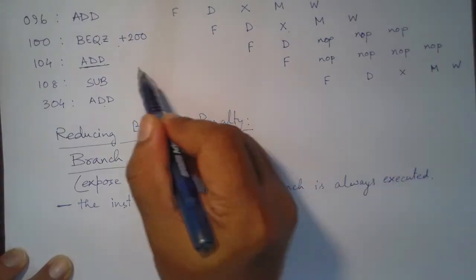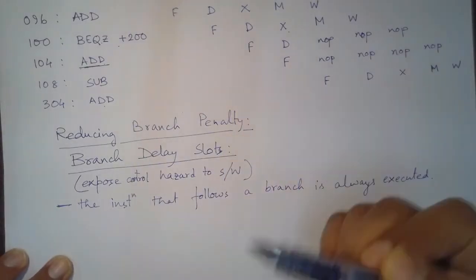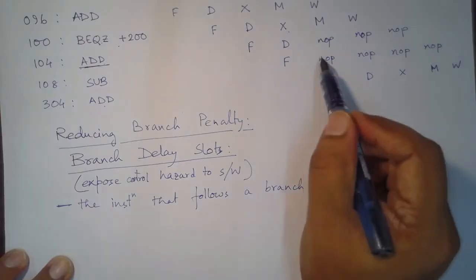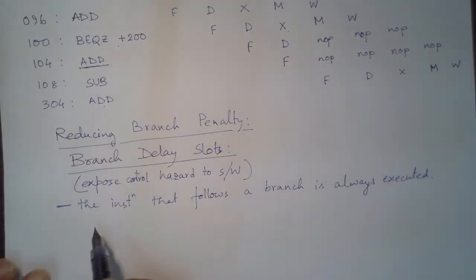If this was not given, I would have fetched something which I would have ultimately killed, and that I will be avoiding by giving the flexibility to the compiler to put a useful instruction after the branch instruction.